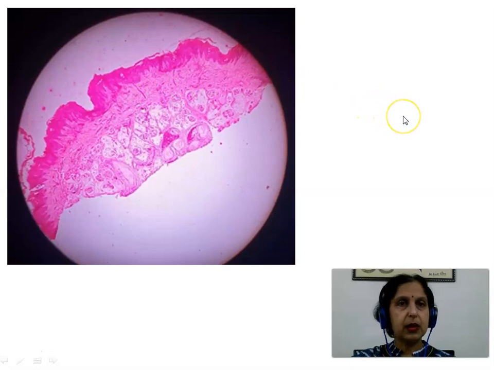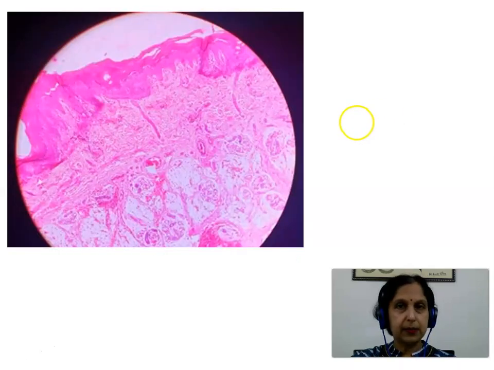There are no hair follicles, no sebaceous glands, and no erector pili muscle. A high power view of the same shows us the strata of epidermis, the basal layer, that is the stratum basale, then the stratum spinosum, the basophilic appearing stratum granulosum, a small stratum lucidum, and a thick stratum corneum.